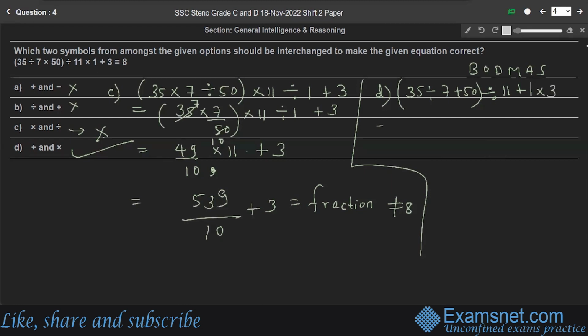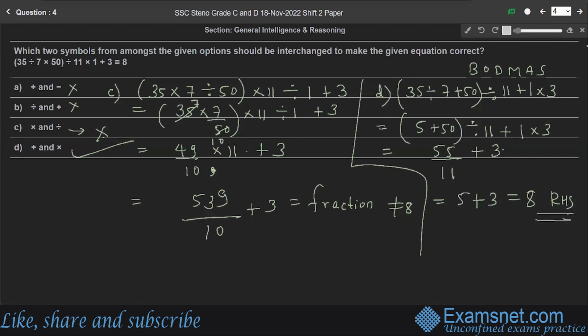Again by BODMAS rule, 35 by 7 inside the bracket, which is 5 plus 50 whole divided by 11 plus 1 into 3. Now remove the bracket. 5 plus 50 is 55 divided by 11, plus 1 into 3 is 3 itself. Therefore, 5 plus 3. 55 by 11 is 5, plus 3 is 8, which is nothing but the right hand side part. Therefore, option D satisfies the given equation.